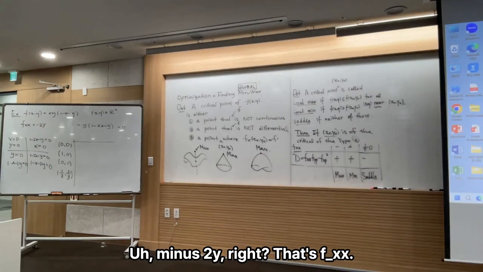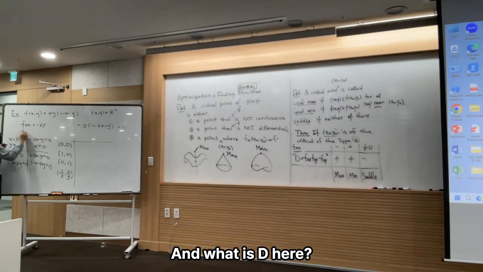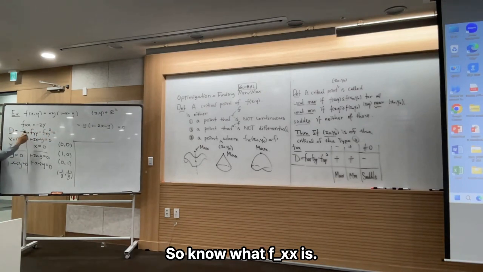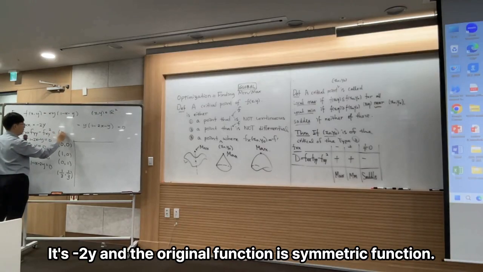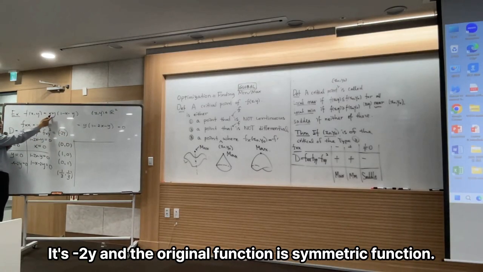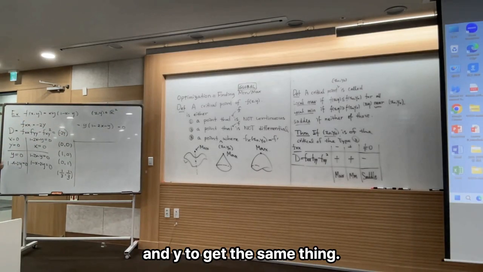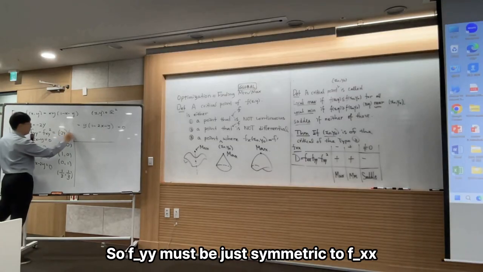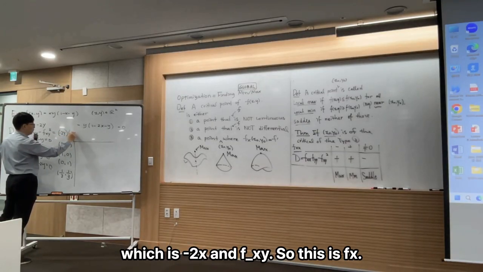That's fxx. And what is D here? So D is fxx times fyy minus fxy squared. I know fxx is minus 2y. And the original function is a symmetric function. You can swap x and y to get the same thing. So fyy must be symmetric to fxx, which is minus 2x.